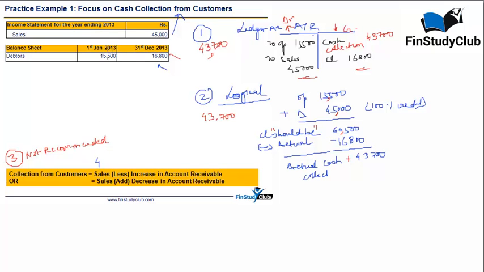Here I'm going to write my debtors or receivables are going up, so I'm going to use the first part of them, which says your sales is 45,000 reduced by the amount of increase in the account receivable. So again, if you look at it, my answer is 43,700. So the answer by all the three methods is the same.